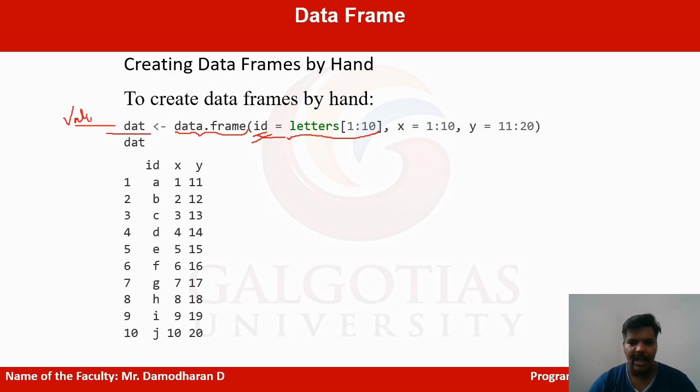So in this ID column we will load the IDs. The loaded ID is a letter, meaning characters are going to be loaded. What characters do I have to load? The range is 1 to 10. So the characters start with A. A is the first character, B is the second character.